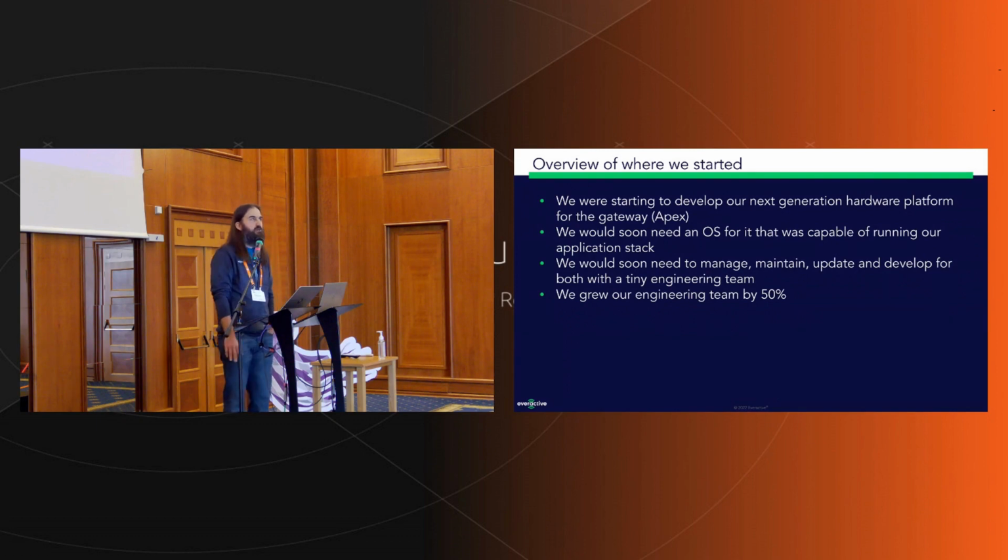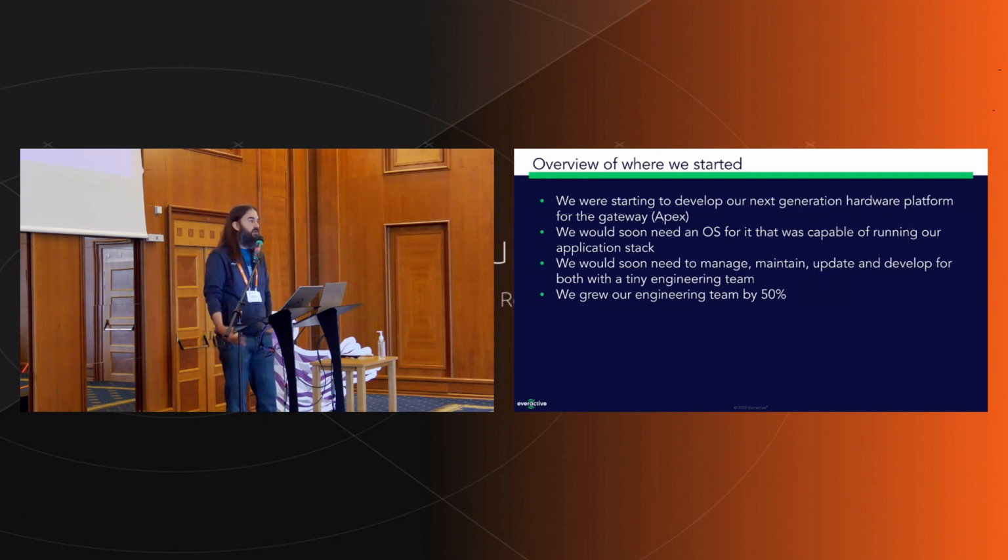At that time, right around September of 2020, we were in the early stages of developing our next generation hardware platform called Apex for the gateways. So that meant we were going to soon be managing both the Dell 3001 and our new custom hardware.